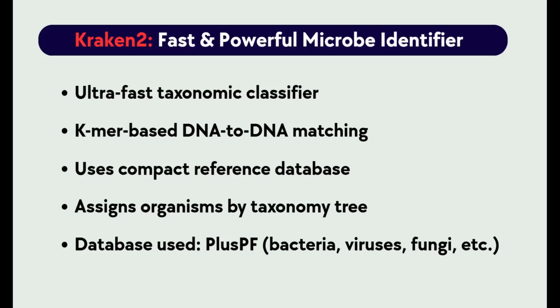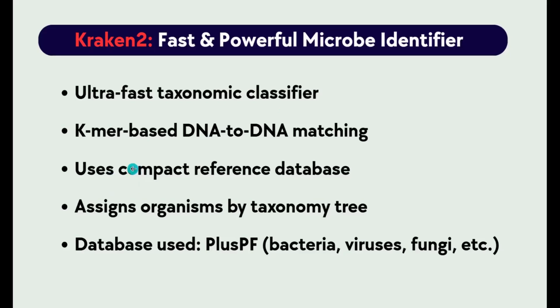And about why this matters, speed is important when we have large datasets, which is common when we work with metagenomics. So Kraken2 is highly optimized to perform taxonomic classification efficiently without compromising too much on accuracy.